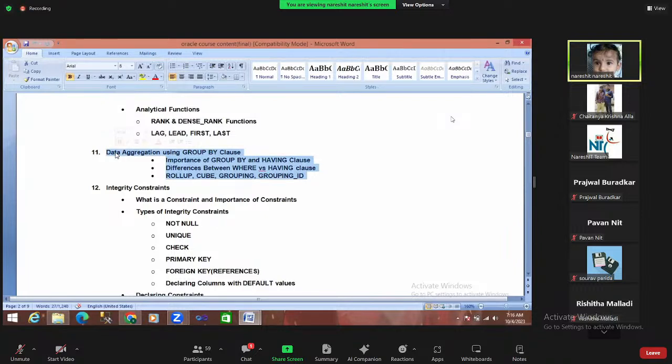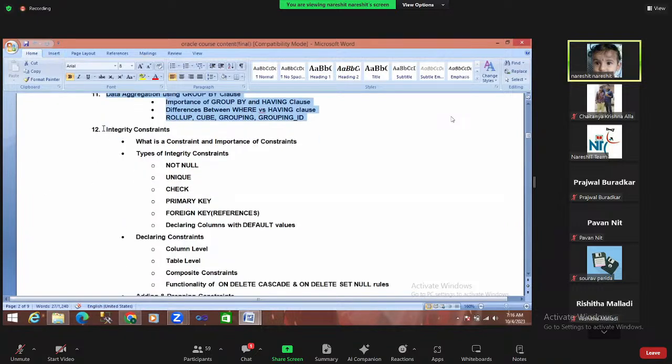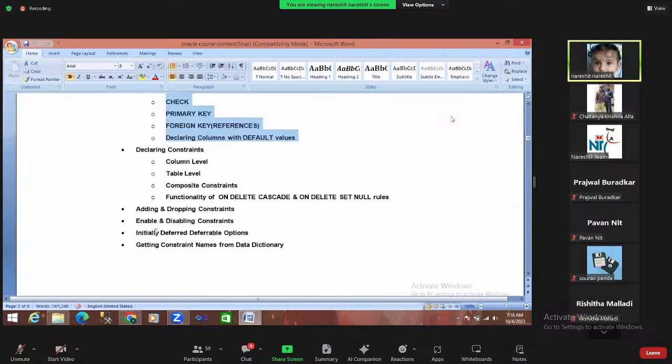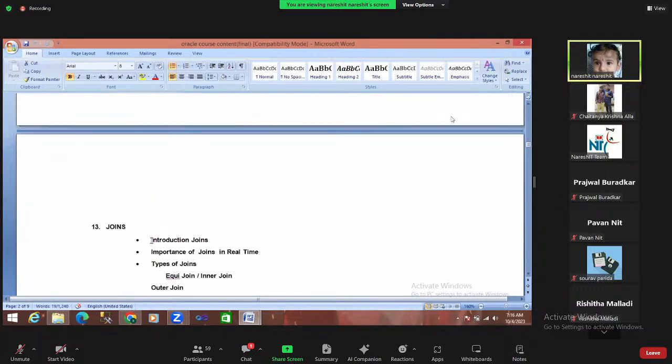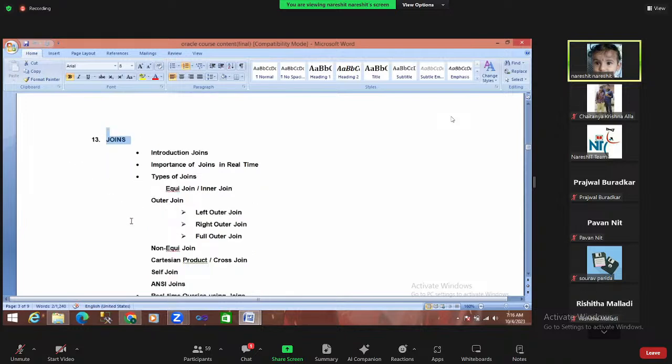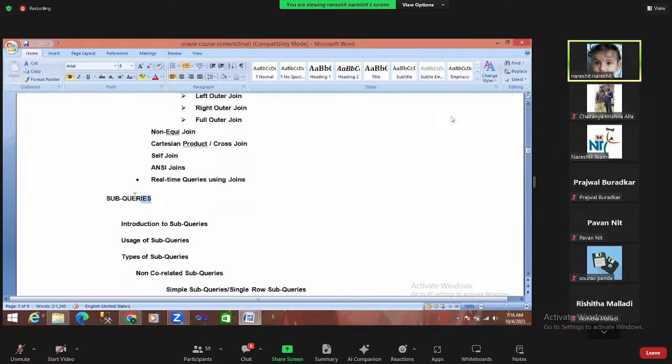The major important topics are constraints. Next one is joins, meaning how to join tables and how we fetch data from more than one table. And the subqueries.